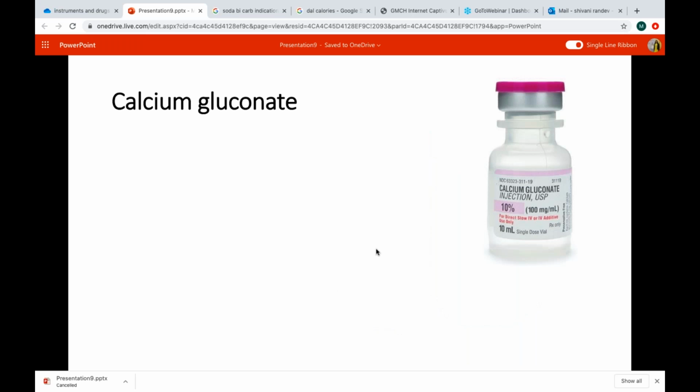So this is calcium gluconate. It is used for hypocalcemia, which may lead to seizures or tetany. And another indication for calcium gluconate, which is not related to low calcium levels, is hyperkalemia, where it is used for stabilizing the membrane so that arrhythmias are avoided.